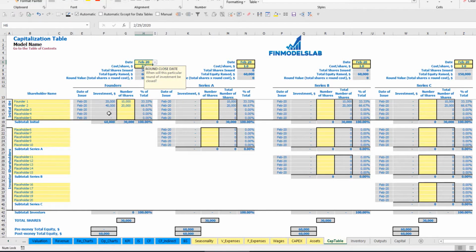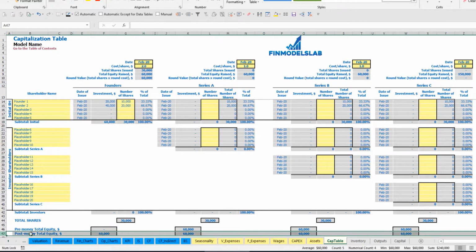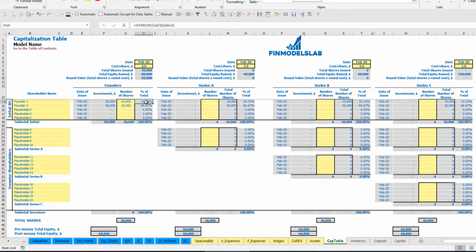This means that investment for founder 1 is $20,000, for founder 2 is $40,000. In total they invest $60,000, which you may see here. The dilution is 33 to 67% of shares.